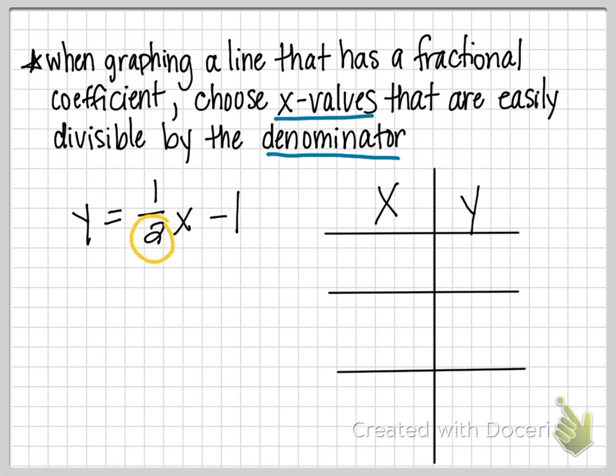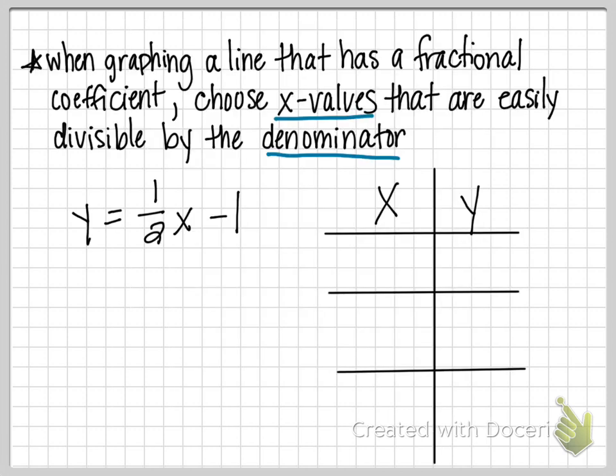Because when we multiply 1/2 by something like 4, right? Make that a whole number, 4 over 1, cross simplify, we end up getting a whole number answer that we can work with rather than a fraction, which becomes, number 1, a pain to do the math, and number 2, a pain to graph. So we want to choose numbers that are easily divisible by that denominator of 2.